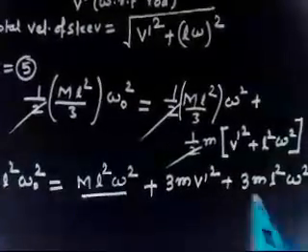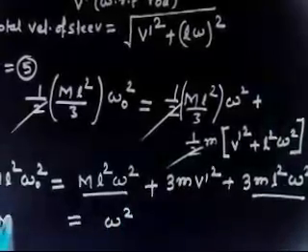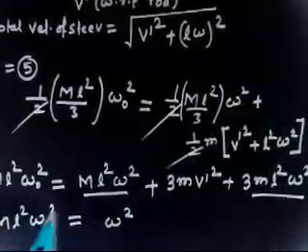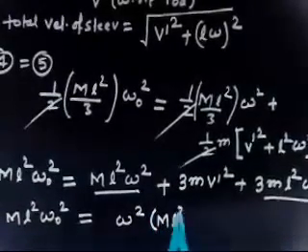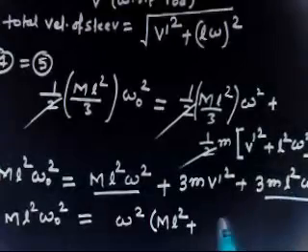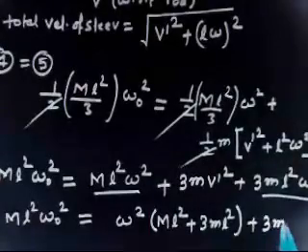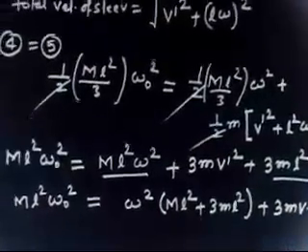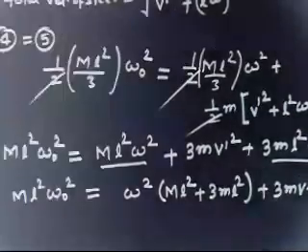Now let us keep the omega square term at one place. So ml square omega naught whole square is equal to omega square, if I take common, ml square plus 3ml square plus 3m v dash whole square. Now I already know the value of omega, so you check your copy.